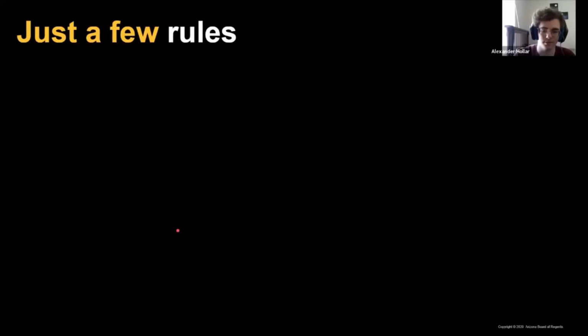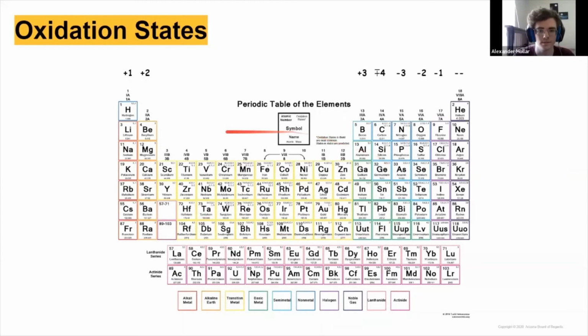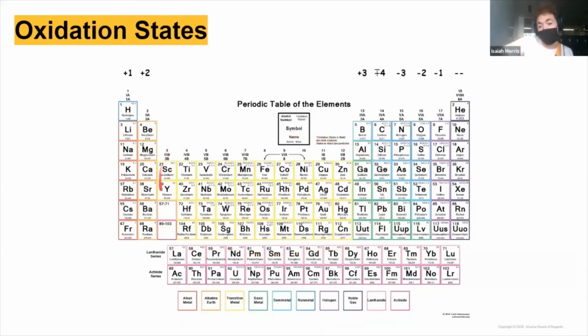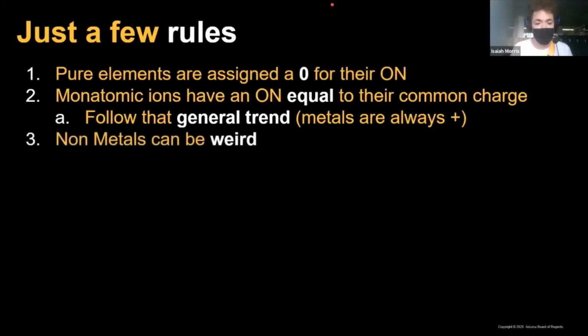But as you can see, it goes from +1, +2, +3, and then plus or -4. With carbon and silicon, those essentially vary per situation, and then it goes back down to -3, -2, and -1. So going back to the rules, we know that they follow that general trend.